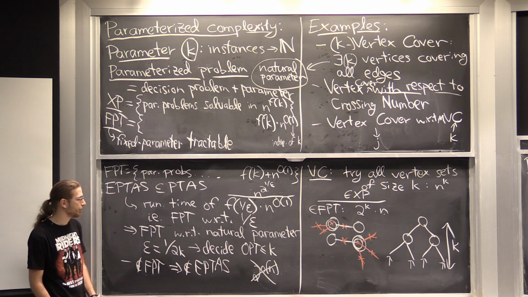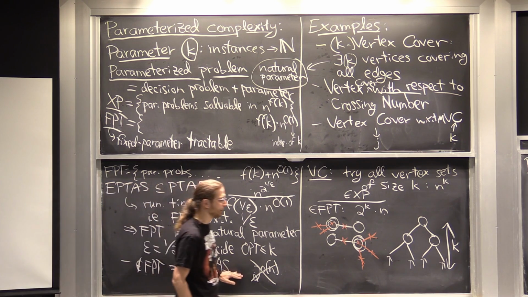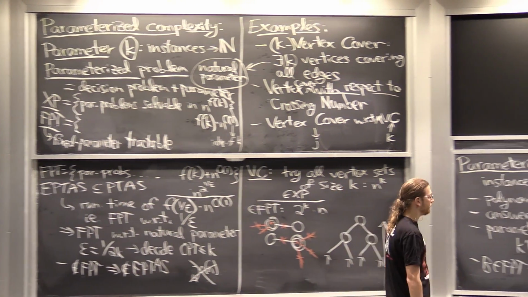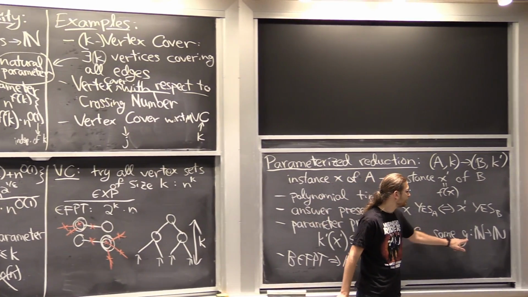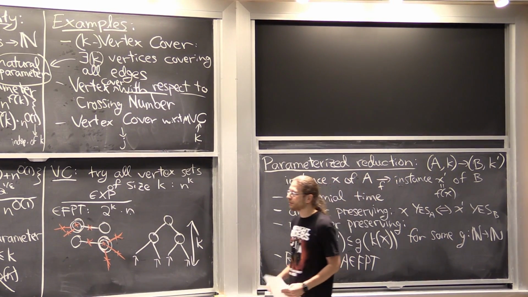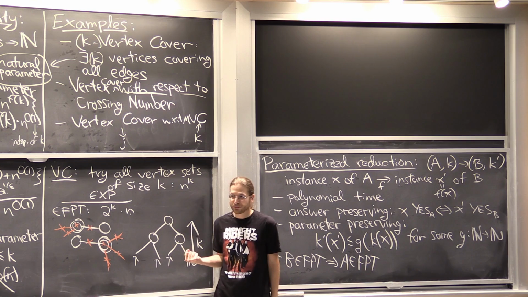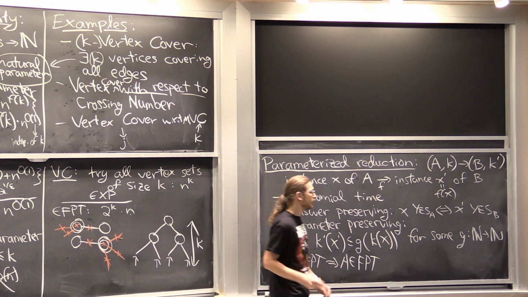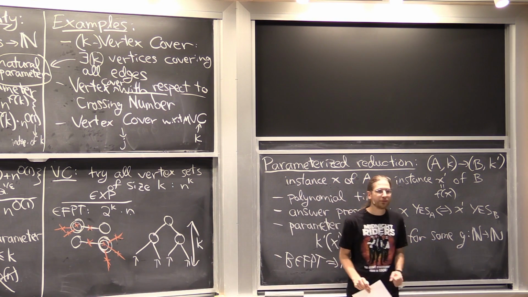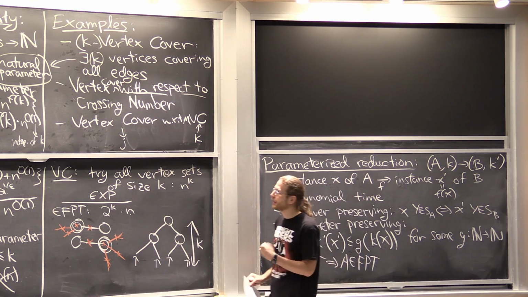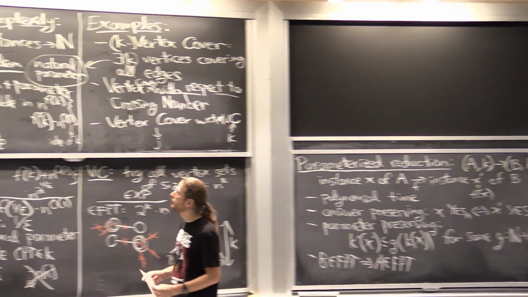But we'll talk about that more in the next class relating to the exponential time hypothesis. At this moment, we don't really care what g is. But if you assume the exponential time hypothesis, then g matters, and you can get very explicit lower bounds about how good an algorithm you could hope for.